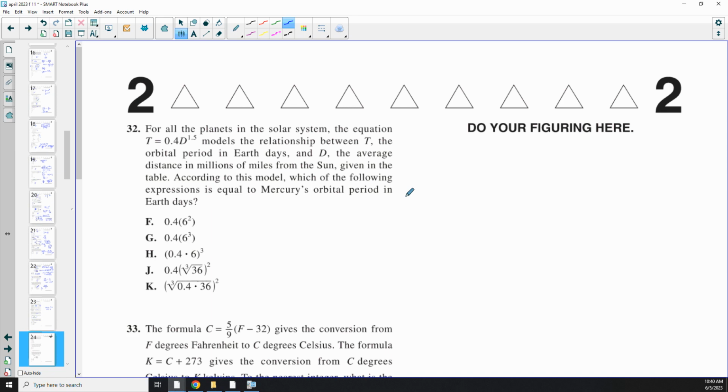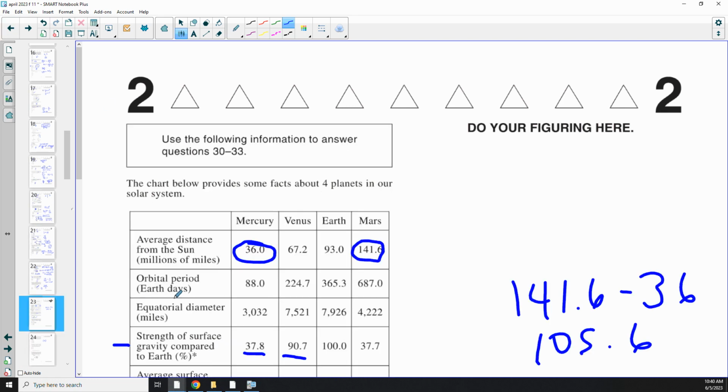So let's see, it should be 0.4 times 6. Let's see, Mercury's orbital period is 88 days. And what does that mean?